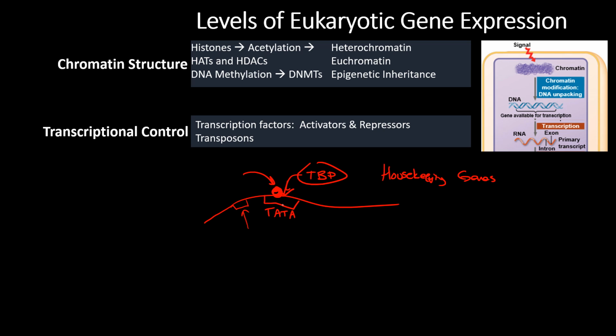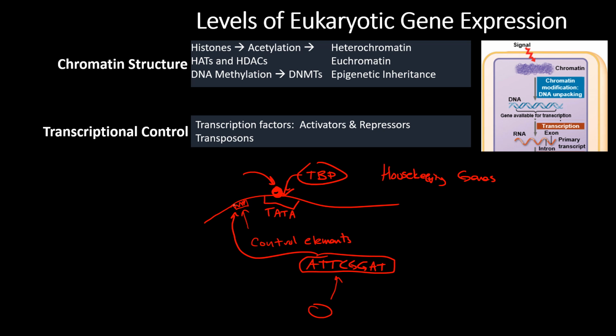Now your book distinguishes these kinds of elements here. These are called control elements. A control element is just some sequence of nucleotides that will bind to a protein in a sequence-specific fashion. Okay, so for example, if this word is right here, we would consider that word a control element.